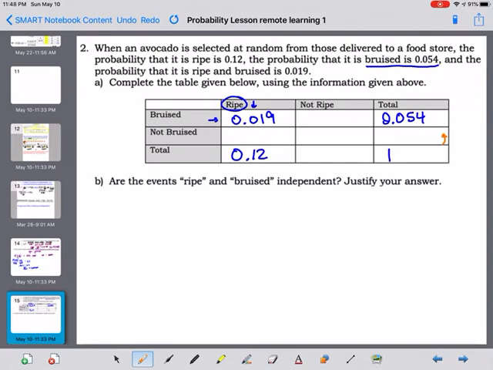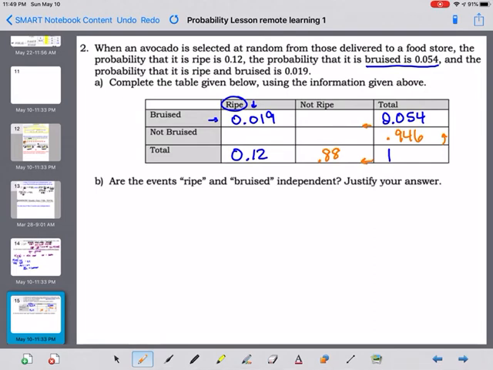Now I'm going to start filling in each row and column from there. So I just subtract, right? 1 minus 0.054 to fill in all of the blank spaces, 0.946. I can do that this direction too, because remember they have to add up to 1, and that gives me 0.88, and you can just check, 0.12 plus 0.88, that's 1.